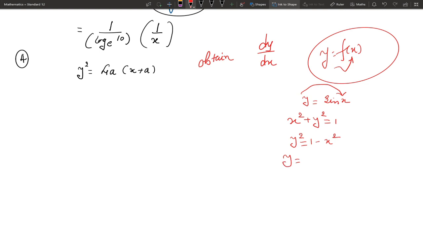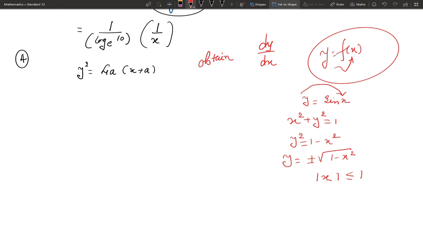So y equal to plus minus under root 1 minus x square. This is valid only for the restricted domain of x, mod x less than or equal to 1. So here y is given as an implicit function of x.